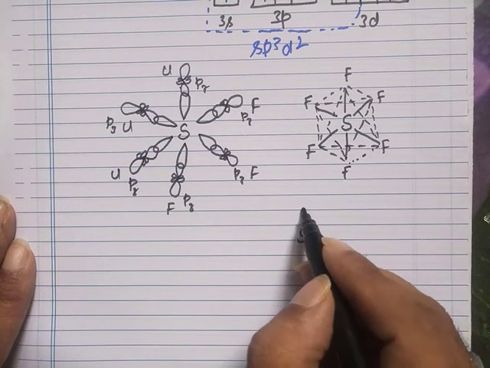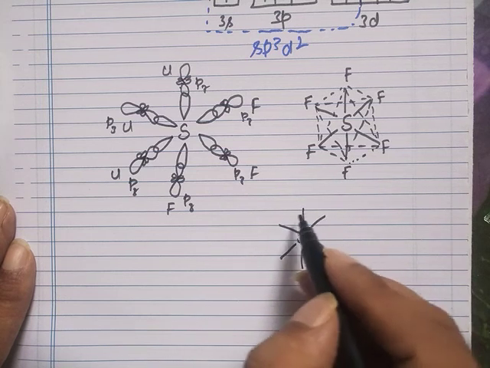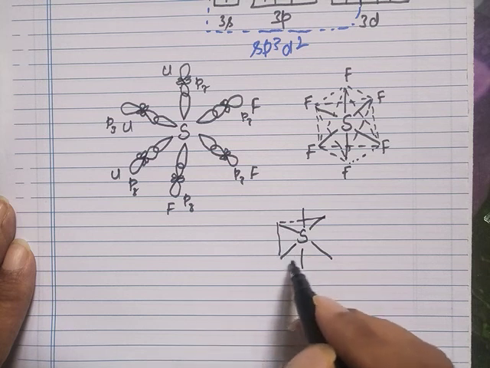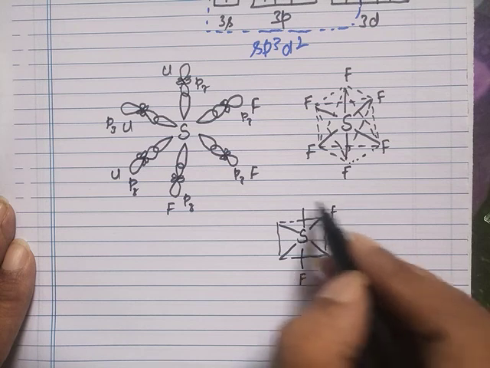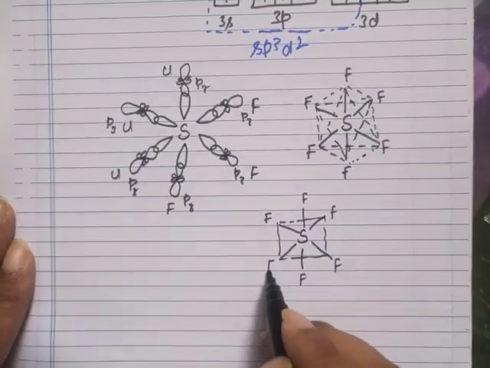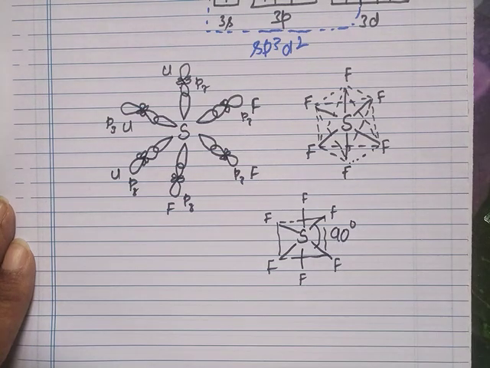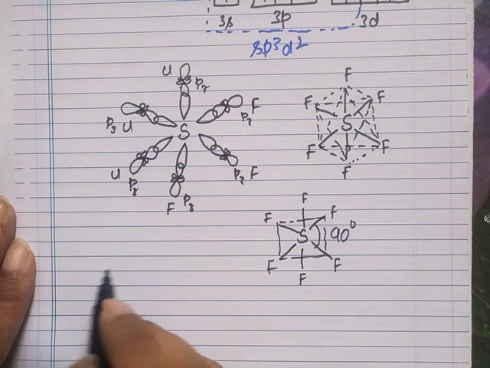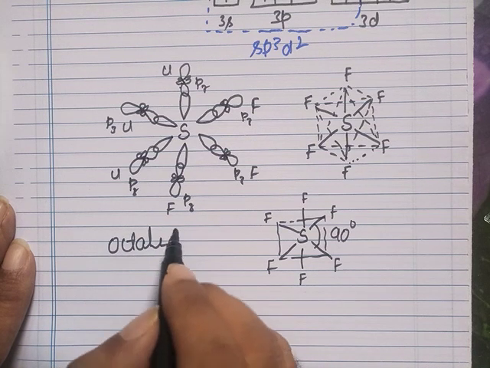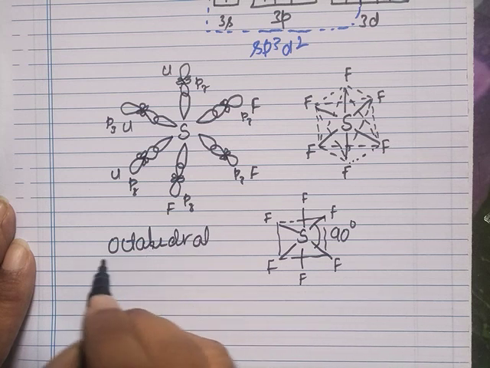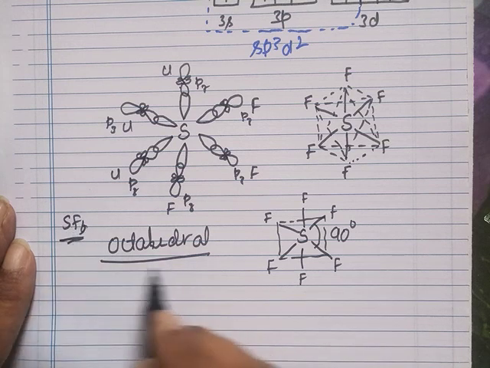So the bond angle in case of the SF6 molecule is 90 degree, and the geometry of the SF6 molecule is octahedral. So the SF6 molecule will possess octahedral geometry.